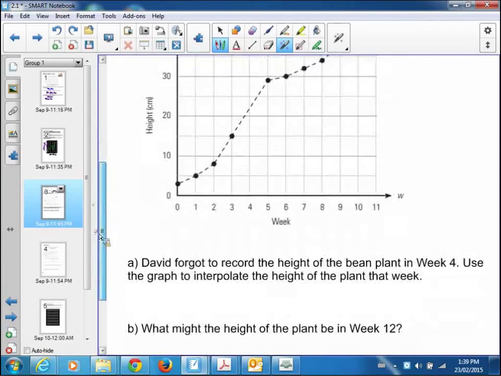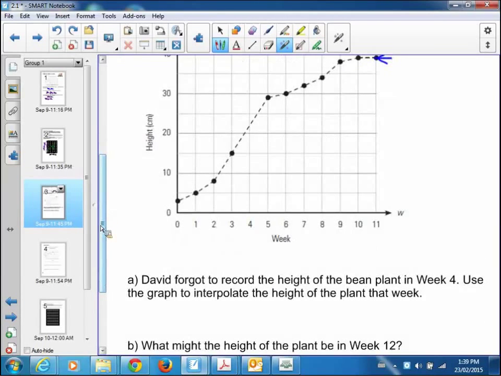David forgot to record the height of the bean plant in week 4. Using the graph, interpolate the height of the plant that week. So week 4, you would estimate it's right there, wouldn't you? I would estimate that because it's in between week 3 and 5 on the line.